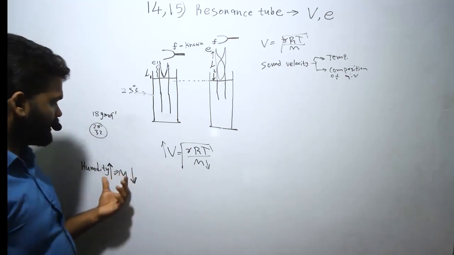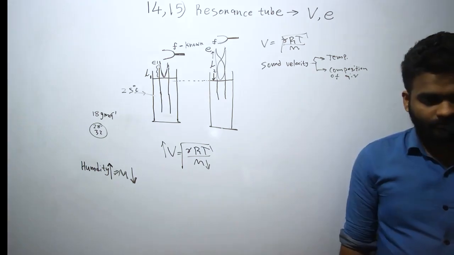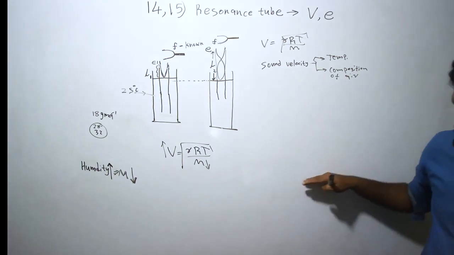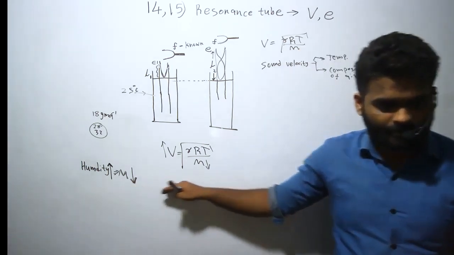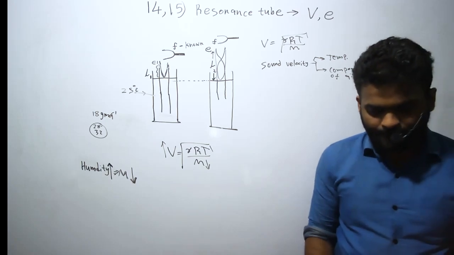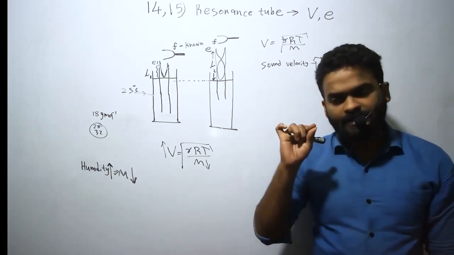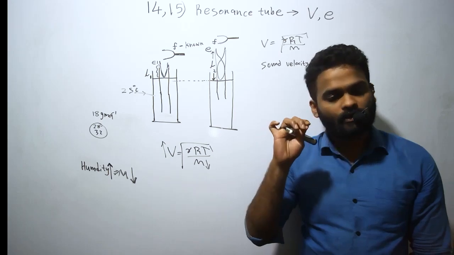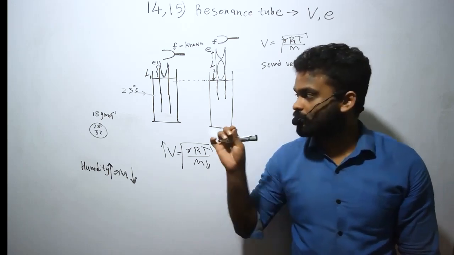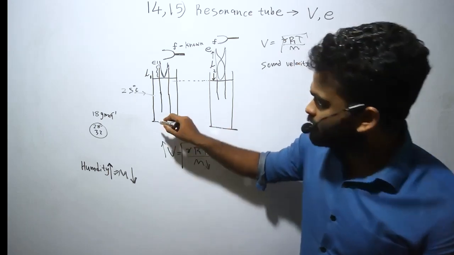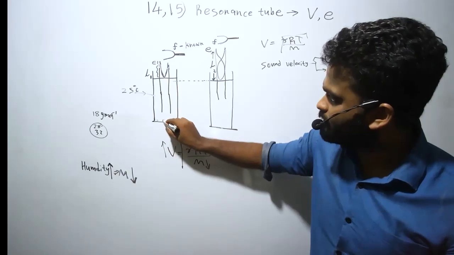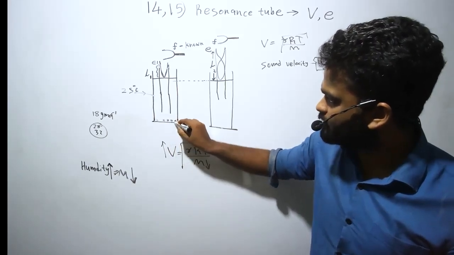Right. You can take this down. Okay, draw a line below that. Then in this experiment, we are using cotton, right? We are using cotton in order to apply to the bottom of the jar.